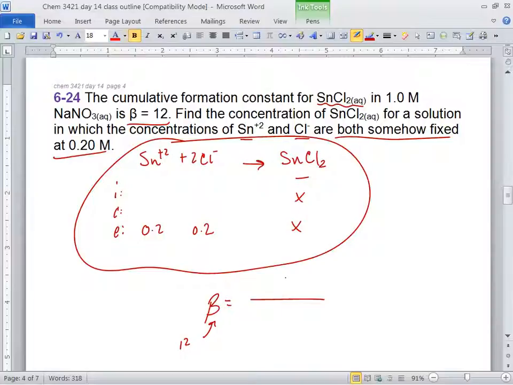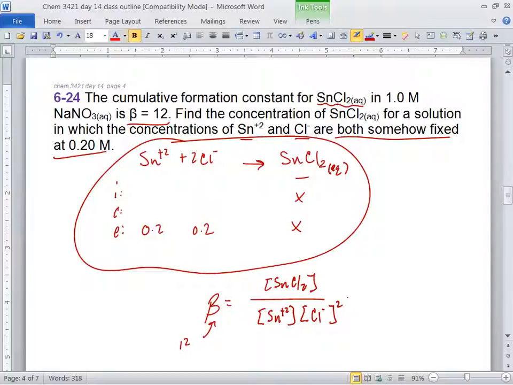Would this tin chloride be up on top? I did it purposely lazy-like, because we should be writing what subscript down here? Aqueous. We're used to thinking of solids, but no, it's aqueous. It's a complex ion, hydrolyzed, in solution. So that concentration is all over tin and chloride squared.